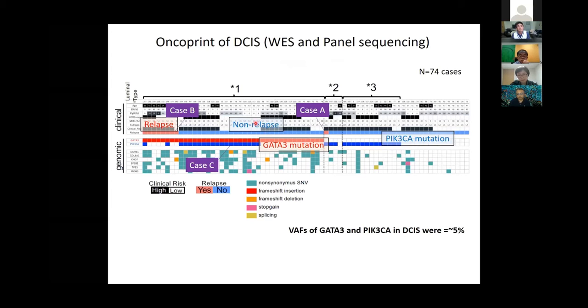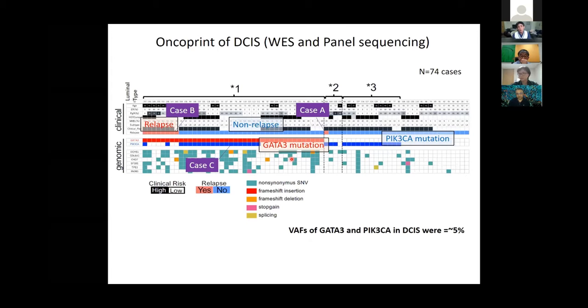The mutation spectrum showed that all the relapsed cases had mutations in the GATA3 gene. On the other hand, non-relapsed cases are more associated with the mutation in PIK3CA. So please remember that the allele frequencies of GATA3 and PIK3CA in DCIS were both around 5%. So those mutations took place only in a limited number of cancer cells.